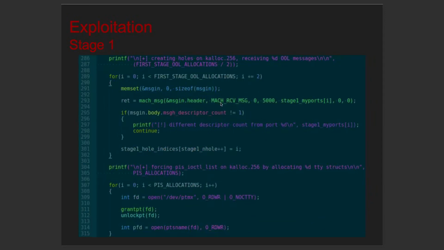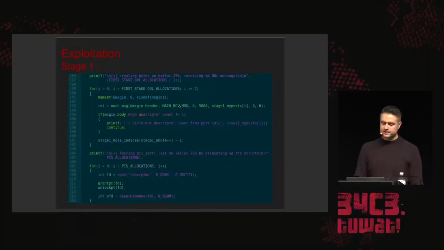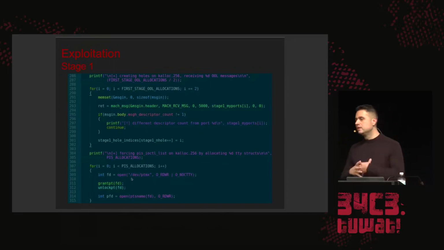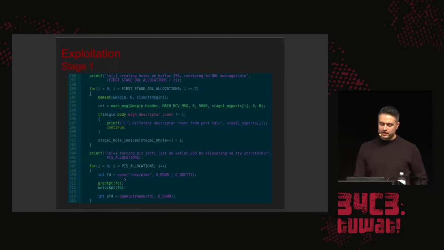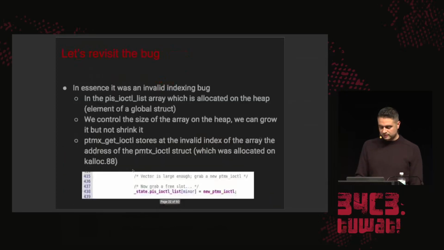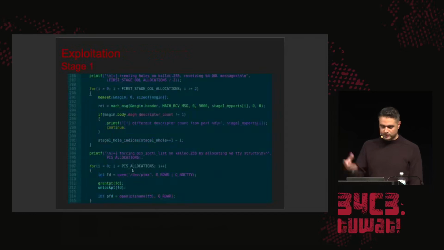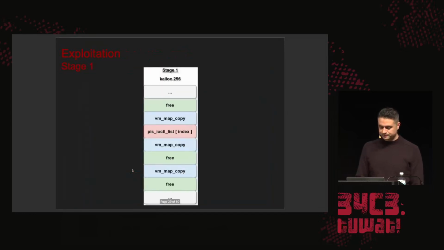In order to make these free slots, you just receive the Mach out-of-line messages that correspond to the VMAP copy structs. And after you've created the holes, you basically grow the array to 256 bytes. How do you do that? As I mentioned earlier, you open the /dev/ptmx device a number of times. The exact number doesn't matter; I noticed a specific number of times that grows it to 256 bytes. So that's the arrangement you have at that first stage.